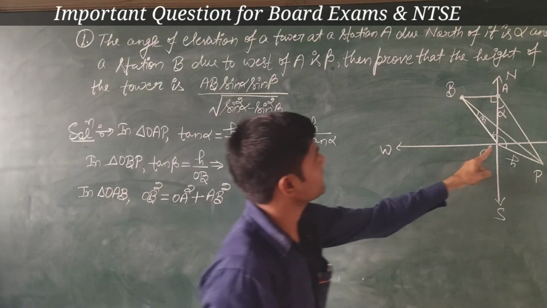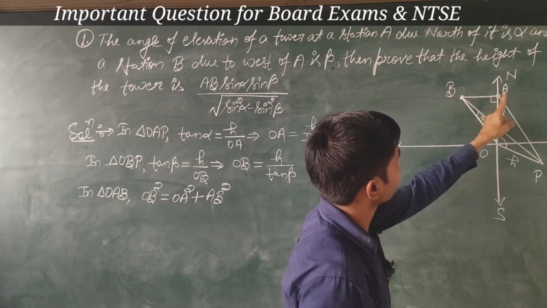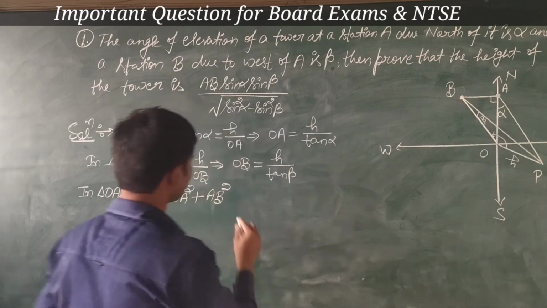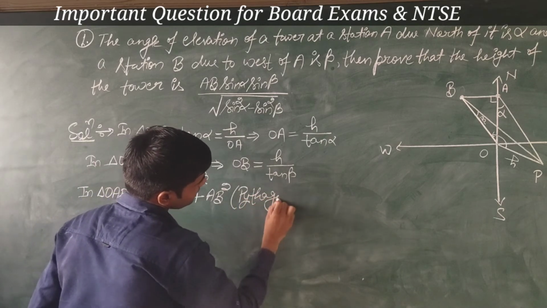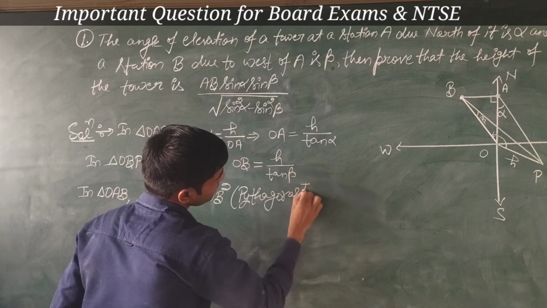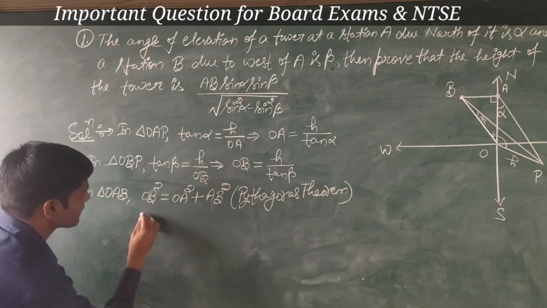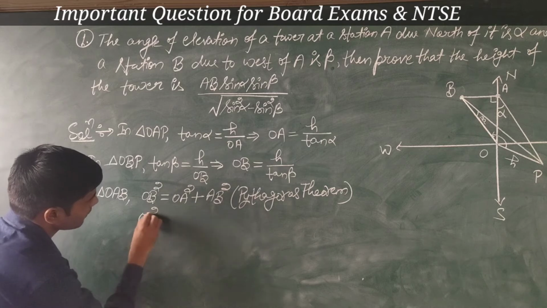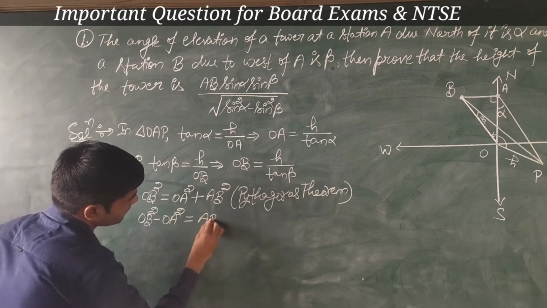OB is the hypotenuse. Hypotenuse square is equal to base square plus perpendicular square. It is the Pythagoras theorem. So now we can write OB square minus OA square is equal to AB square.